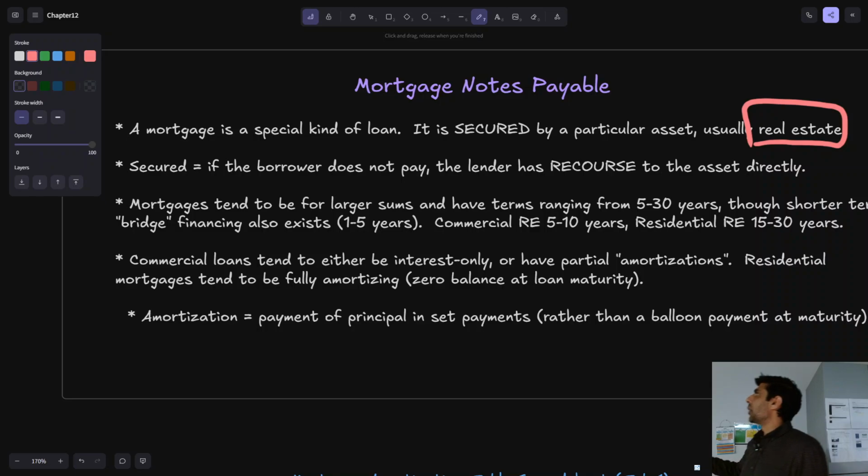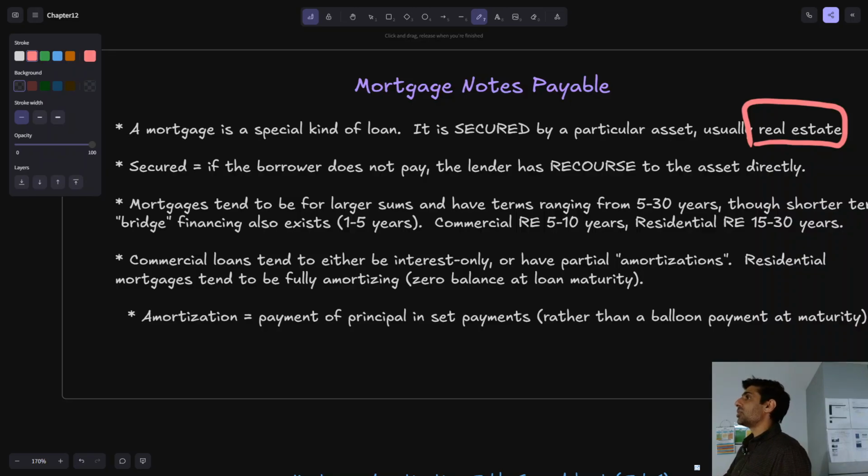The advantage of a mortgage is that if you stop paying, the bank has recourse to some asset. With auto loans, for example, they can repossess your car. With a mortgage, they can repossess your house. So their ability to recover their money if you stop paying is more likely.